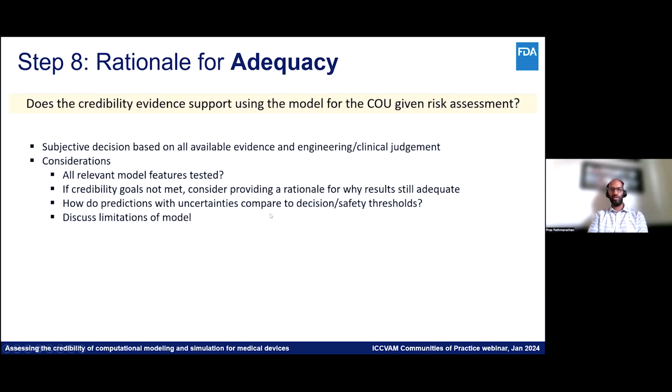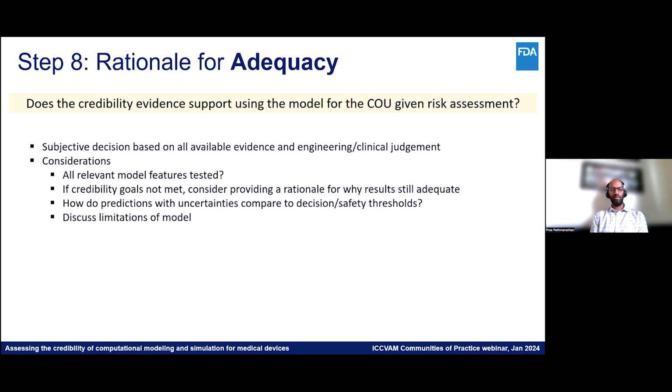That's what I'll talk about in the final slide, or not nearly final slide, which basically answers the question, does the credibility assessment support using the model for the context of use given the risk assessment? So this is a subjective decision that needs to be made at the end based on all available evidence and engineering and clinical judgment.